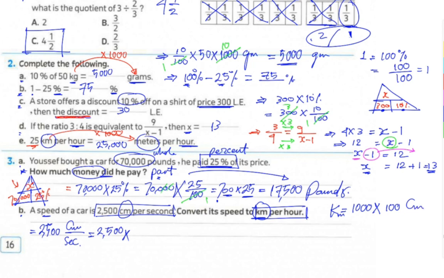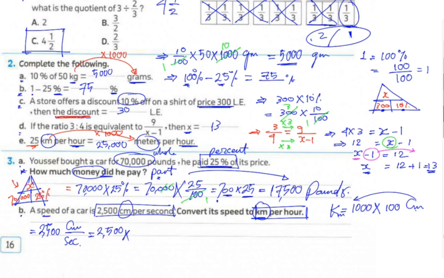If you convert from kilometers to centimeters, I multiply 1,000 times 100. But the opposite, from centimeters to kilometers, I divide the number by 100 and 1,000.